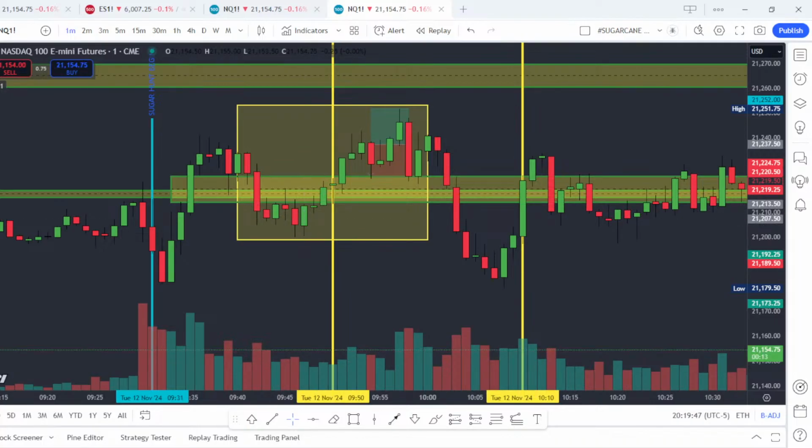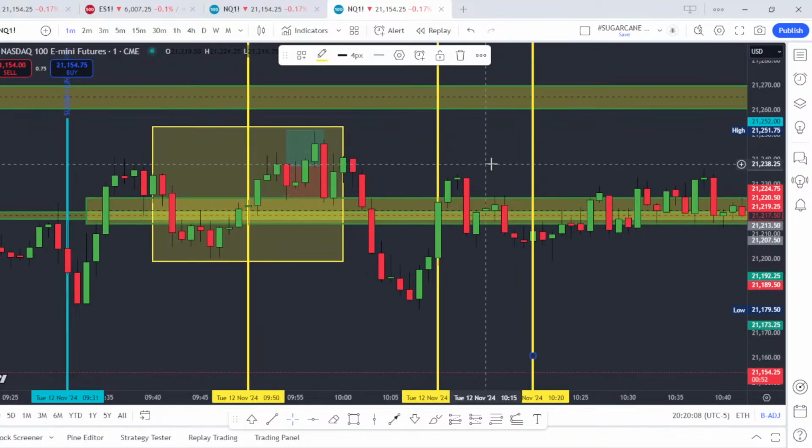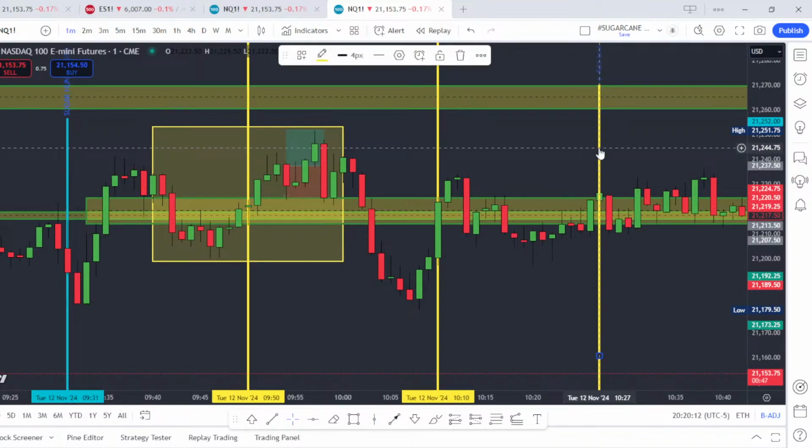What is that little indicator you have at the bottom? Which one? The bars. Is that volume? I don't know what this is, honestly. I don't have this. They just put it on my chart.